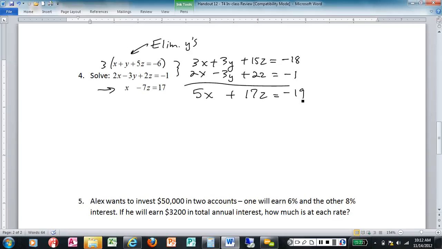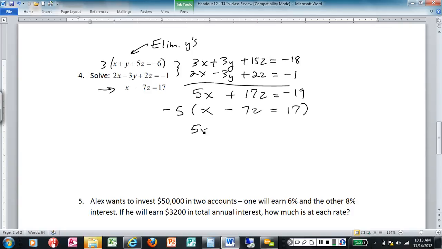All right, and so put that with the x minus 7z equals 17. That helps me because now I can just use elimination again, or substitution, either one. But if I go with elimination again, I can eliminate the x's. All I have to do is multiply by negative 5 on the bottom.